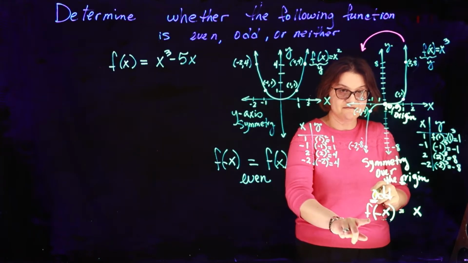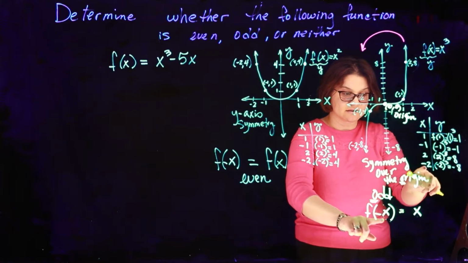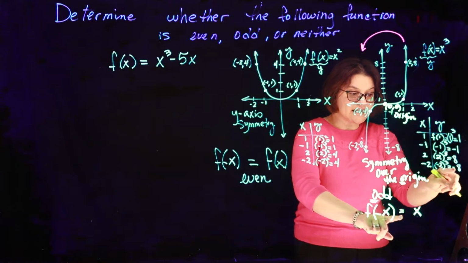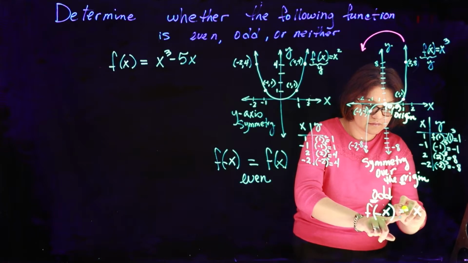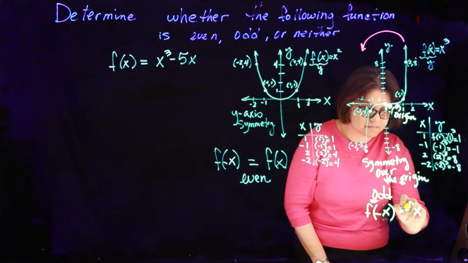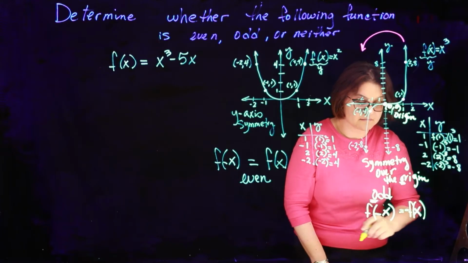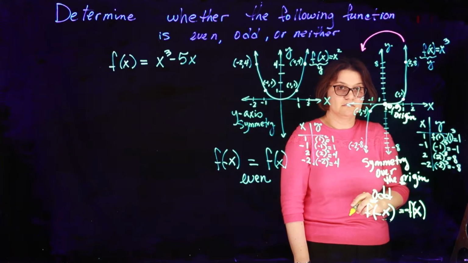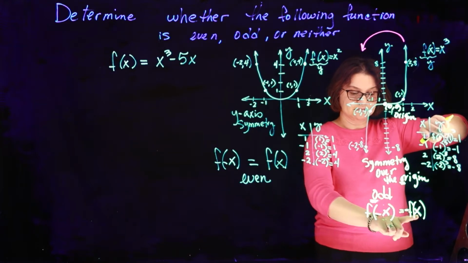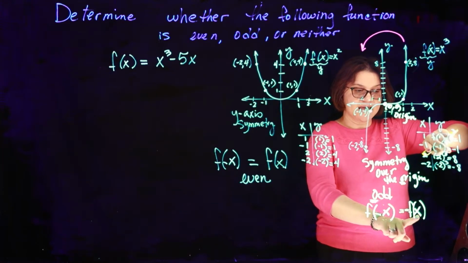Okay, this f of negative x equals the negative of the original f of x. Let's do it again. Notice how I took x positive and x negative.